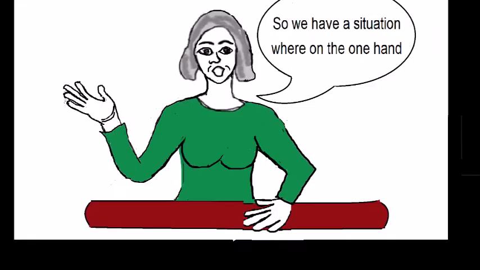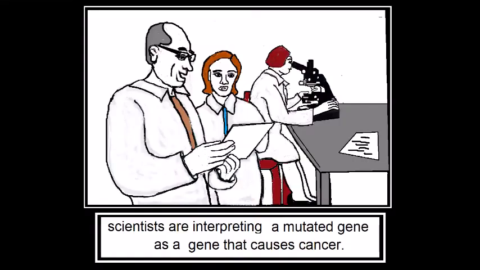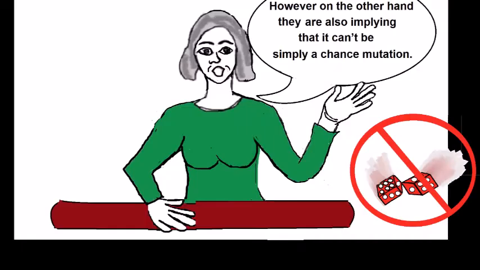So we have a situation where, on the one hand, scientists are interpreting a mutated gene as a gene that causes cancer. However, on the other hand, they are also implying that it can't be simply a chance mutation.